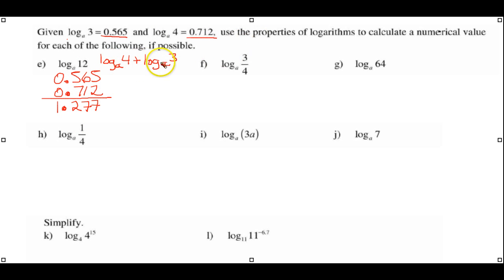Now, without doing this, you can see, what are we going to do here? Well, we have 3, which is this, and we have 4, which is this. But what are we going to do here? We're going to subtract.